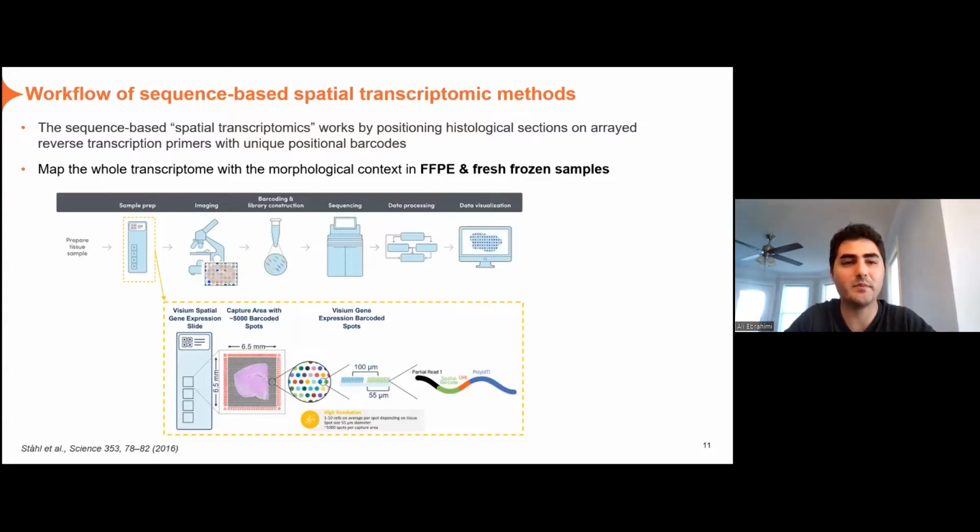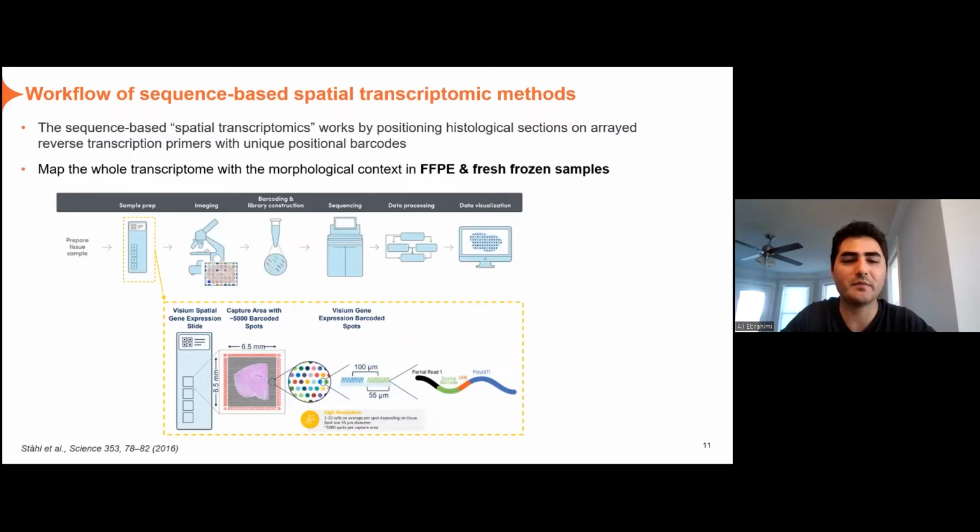The most famous or widely used sequence-based method is called spatial transcriptomics. The name is a little weird, but when it was generated, they called it spatial transcriptomics. Then the commercial version of this method is called Visium, commercialized by the vendor 10x Genomics.